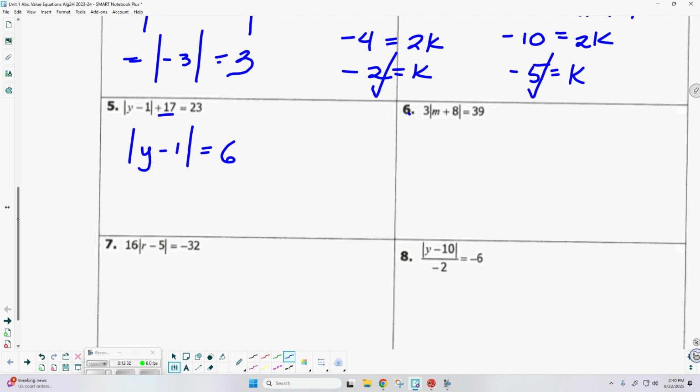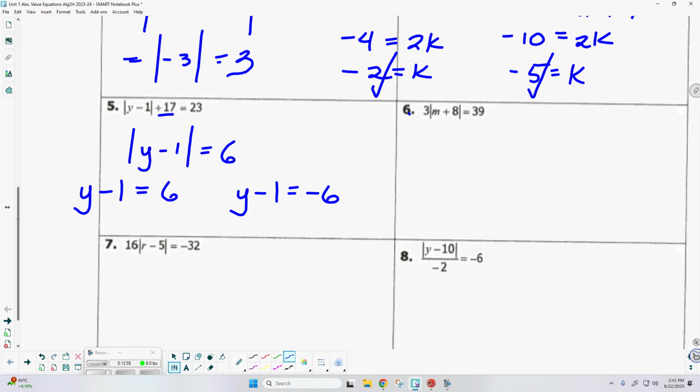Now I'm ready to create my equations. So my first equation is what? Y minus 1 equals 6. Equation 2: y minus 1 equals negative 6. There you go.